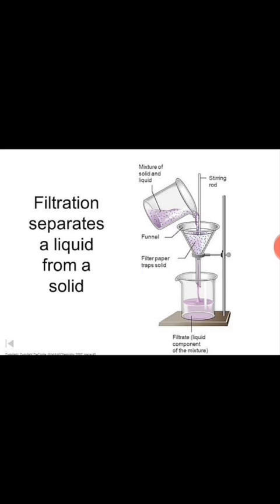Other examples where you can use filtration is maybe when you want to extract components of a plant, be it vegetable or any other plant. Even at home, when you wash your vegetable and you want to make use of the water extract without having any traces of the vegetable, you can make use of filtration.